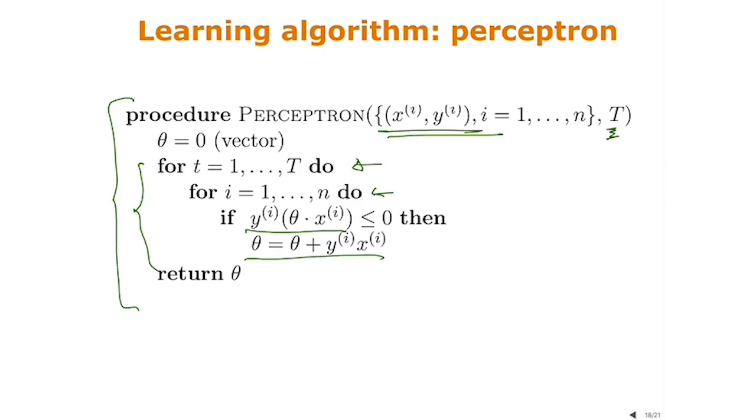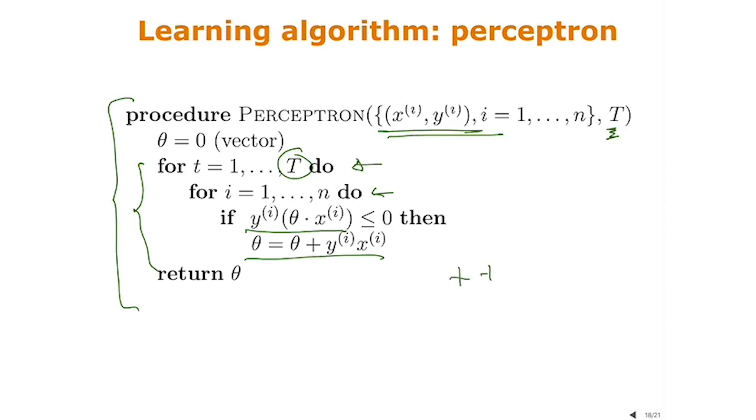Now, theoretically, for sufficiently large T, if there exists a linear classifier through origin that correctly classifies the training examples, this very simple algorithm will find a solution to that problem. There are typically many solutions, but this will find one.